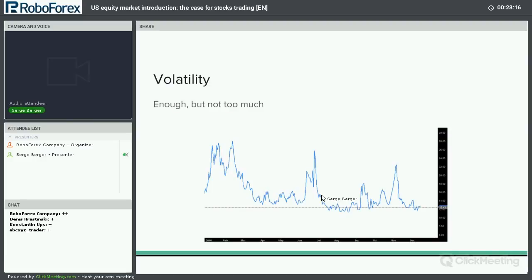So again, in summary for this chart, the big difference in terms of volatility, stocks versus currencies, is that currencies are a lot more volatile than stocks. And yes, volatility can be a good thing, but too much volatility can be detrimental to your success as a trader.